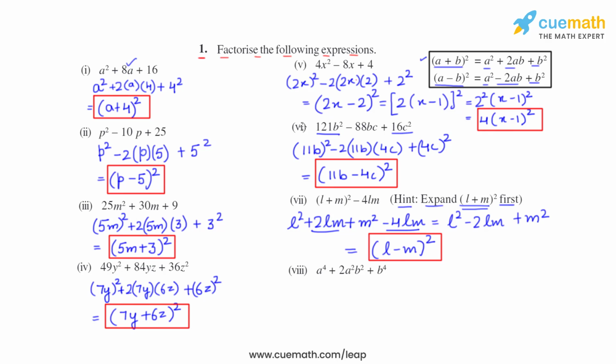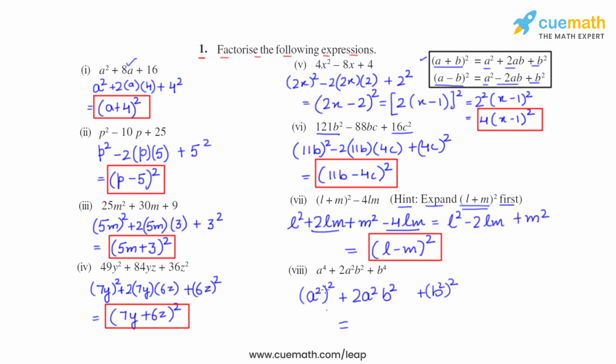Let's do the last part now, the eighth one. A to the power 4 plus 2A²B² plus B to the power 4. If you see carefully, we already have the 2AB form. So A is actually A² and B is actually B². A to the power 4 can be written as (A²) whole square, and B to the power 4 can be written as (B²) whole square, and 2A²B² is 2AB.